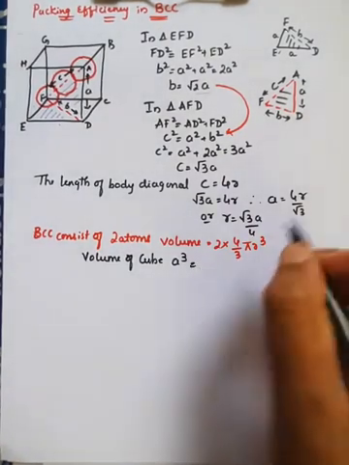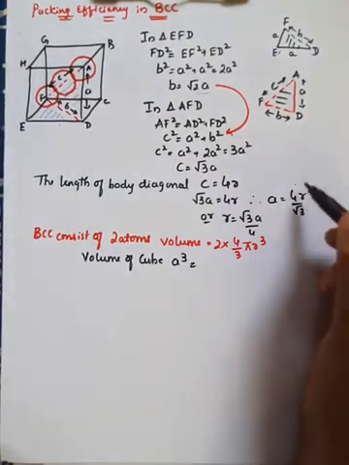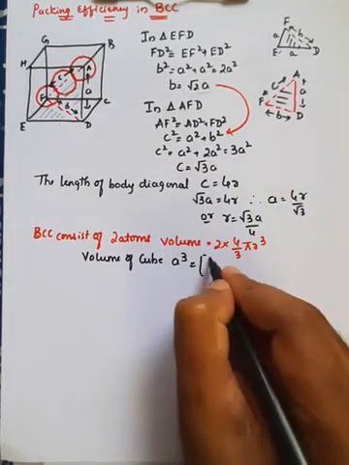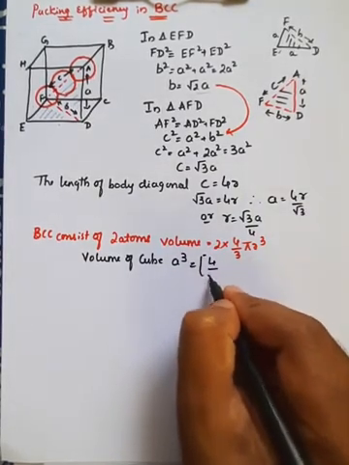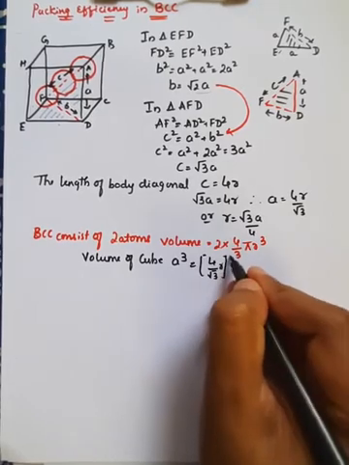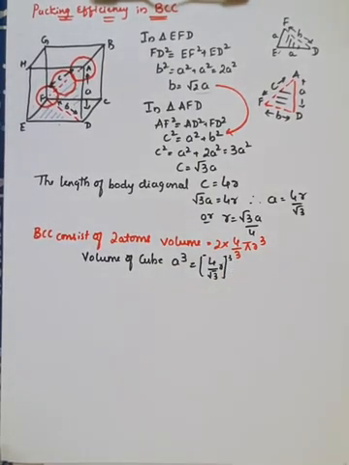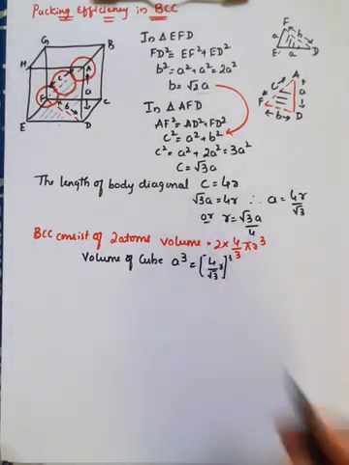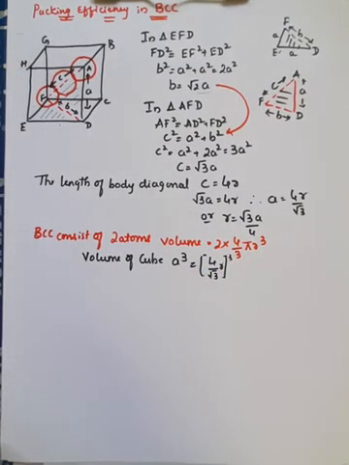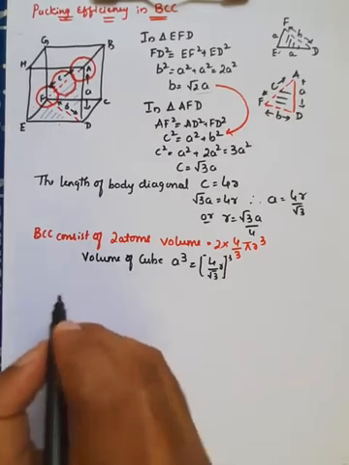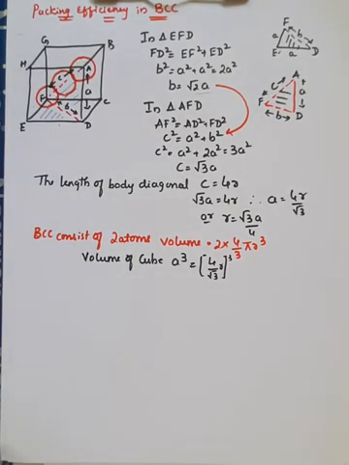So already we know the value of A, that is 4R divided by root 3. I will substitute here, that is 4 divided by root 3 into R, the whole cube. So we got both the values, and here further I will put the packing efficiency formula.